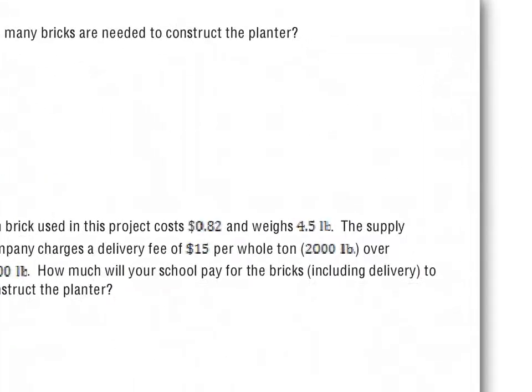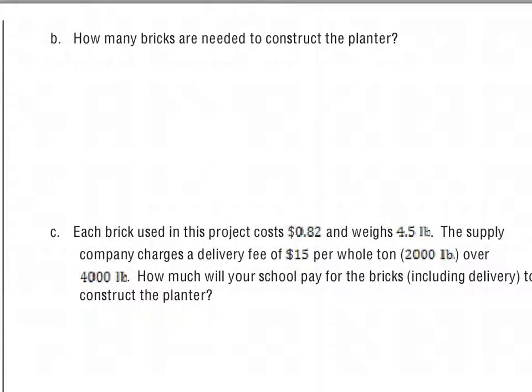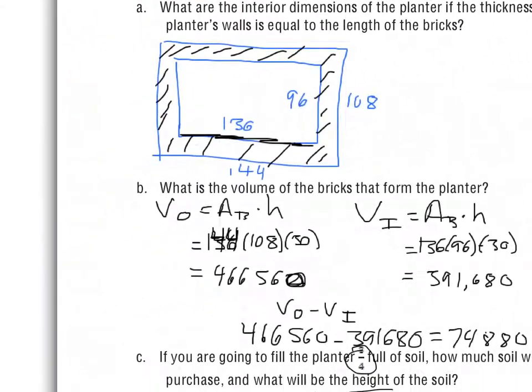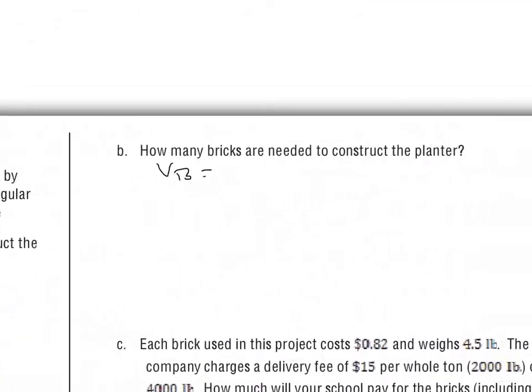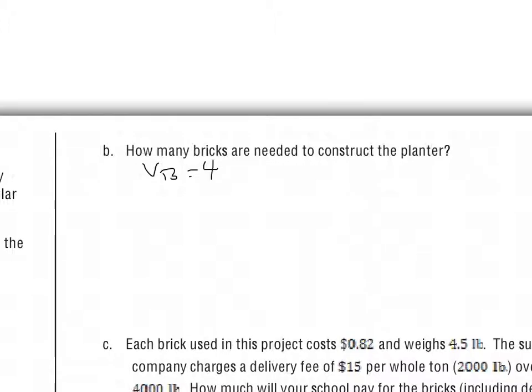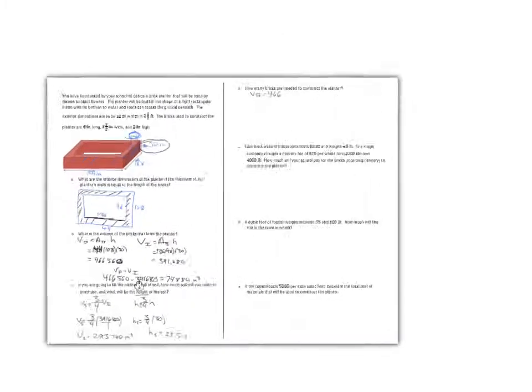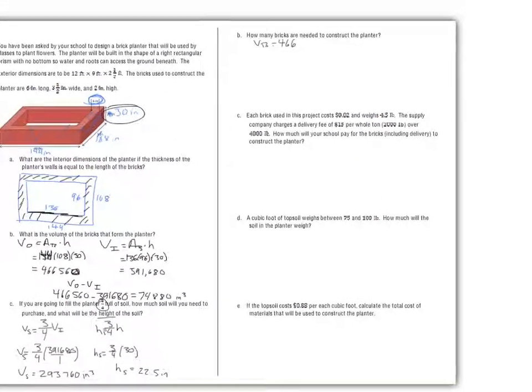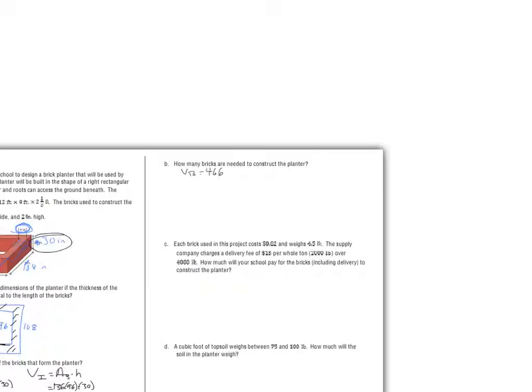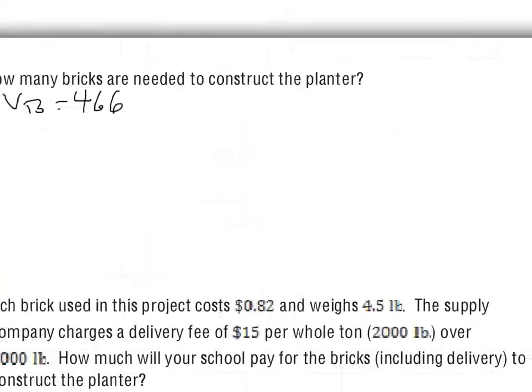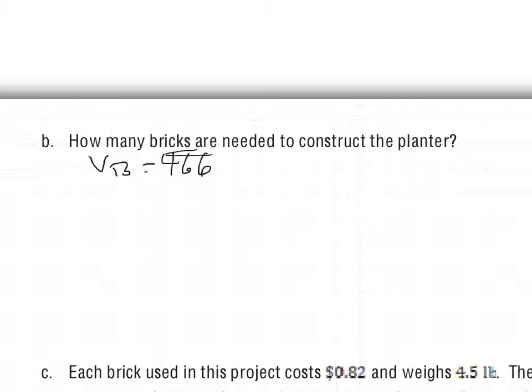So here's how we're going to do that. We know the total volume of the bricks. The volume of the bricks is equal to what we found out down here, 74,880 cubic inches.